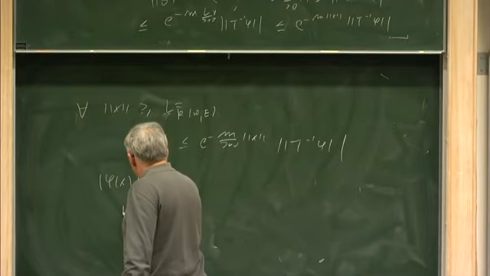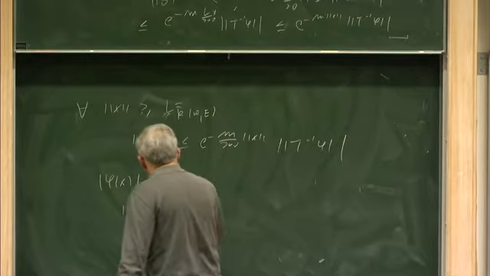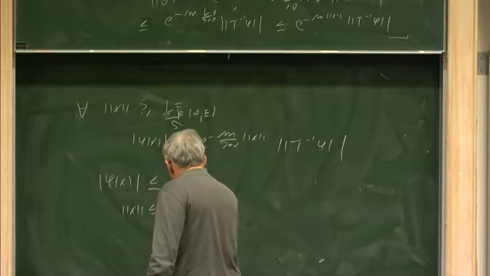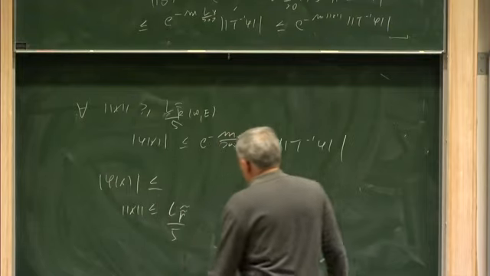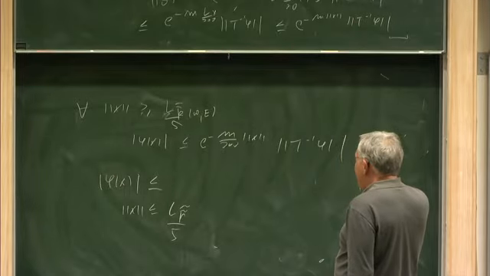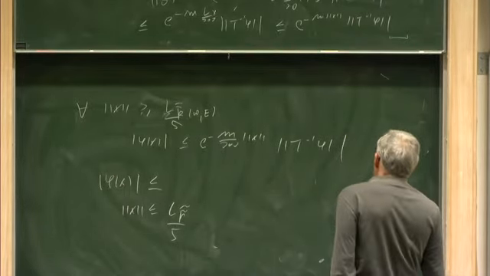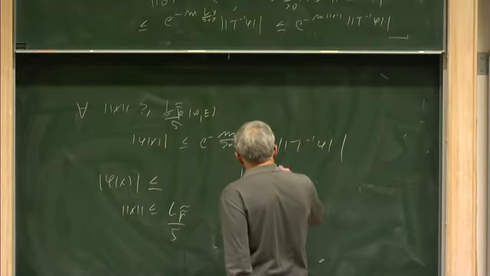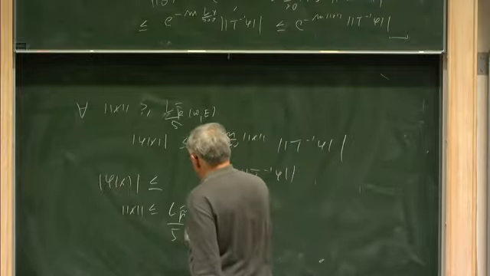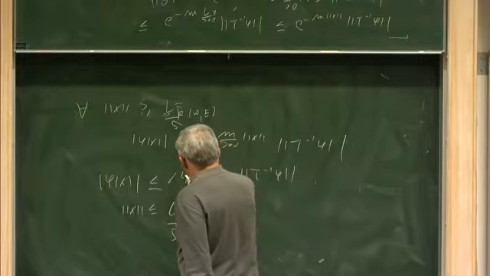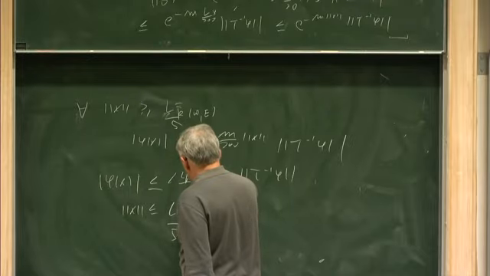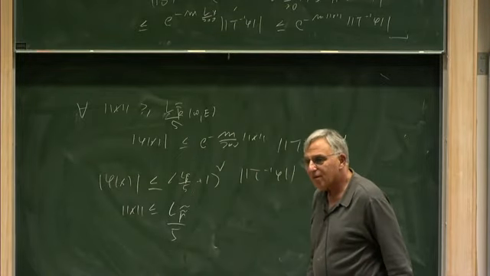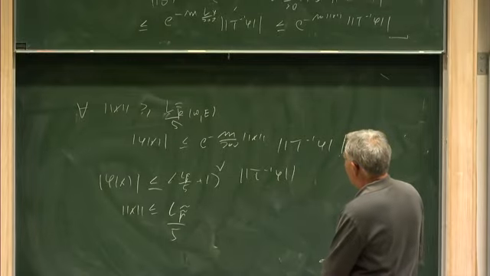I can look at what happens when x is less than or equal to Lk double tilde divided by 5. This would be less than or equal to, if I use this, Lk double tilde over 5 plus something like that. Now you see from the first inequality, that's in L.